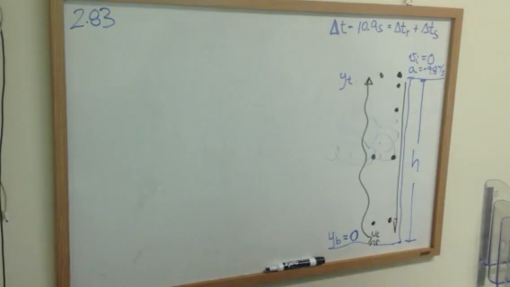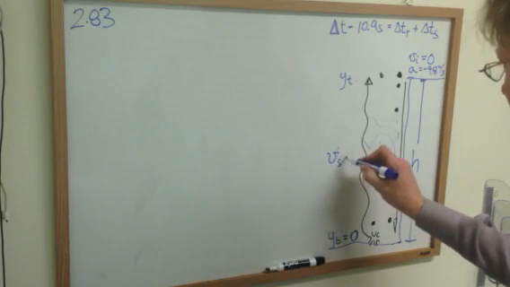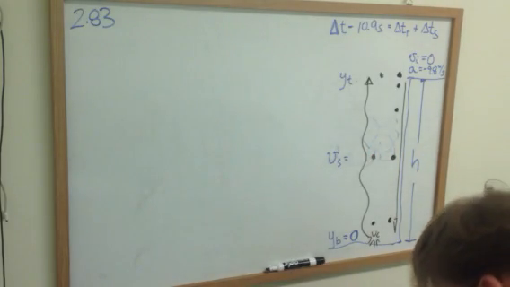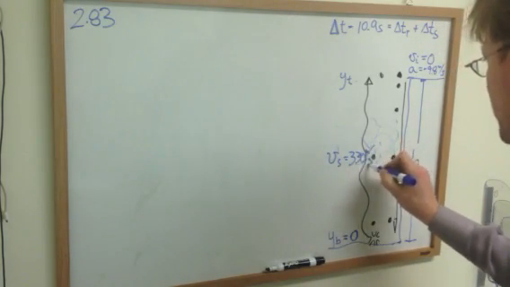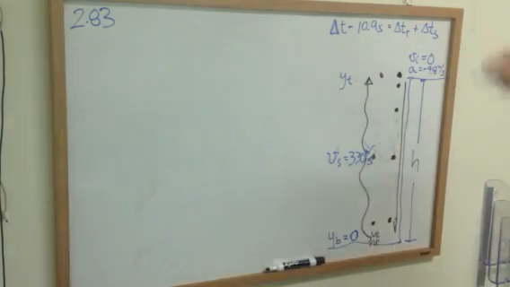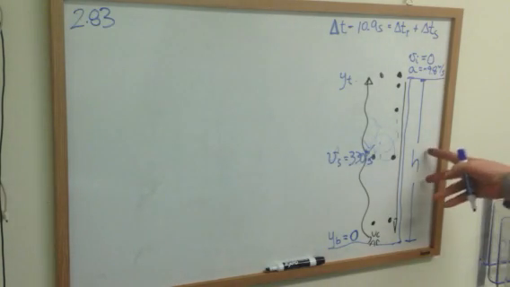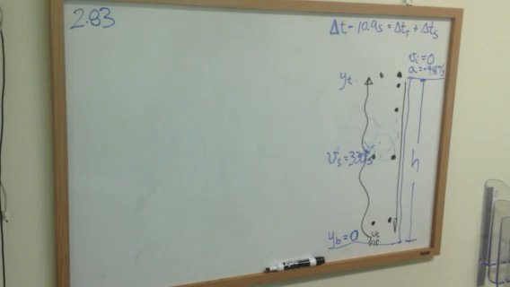Also, the velocity of sound, we're told in the question, is 330 meters per second, and that's going to be upwards. So we need this distance, but we don't really have enough time information to figure this out.